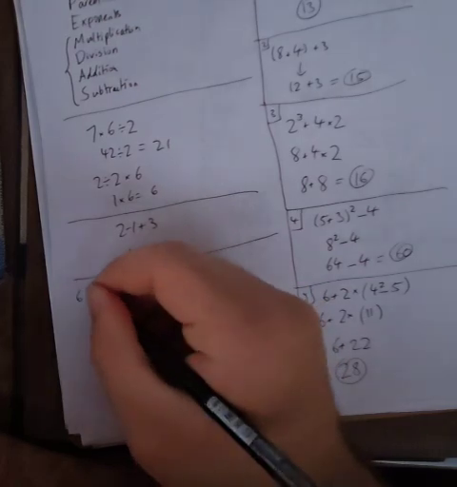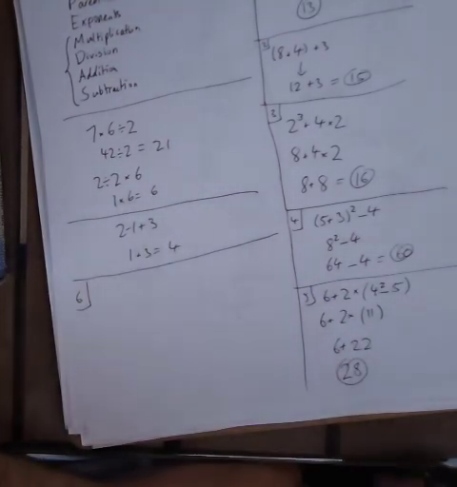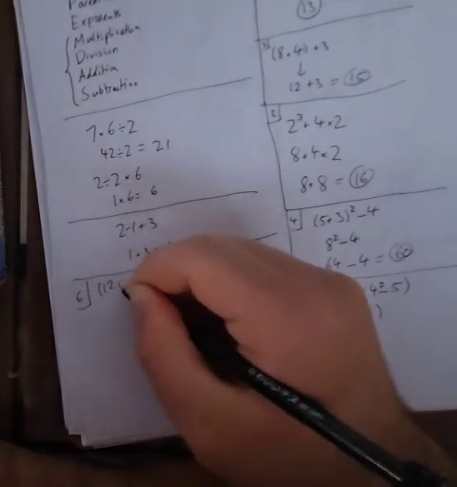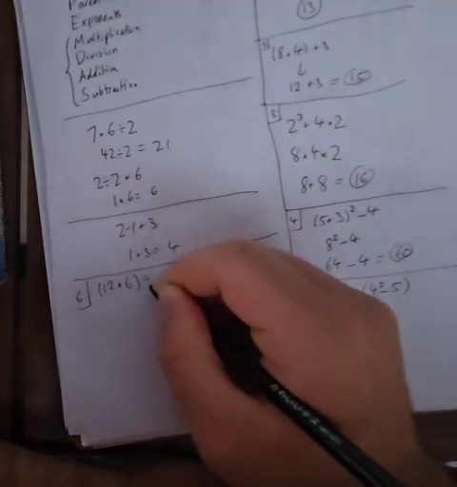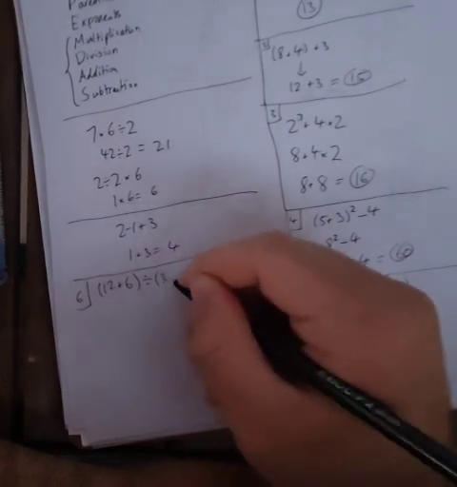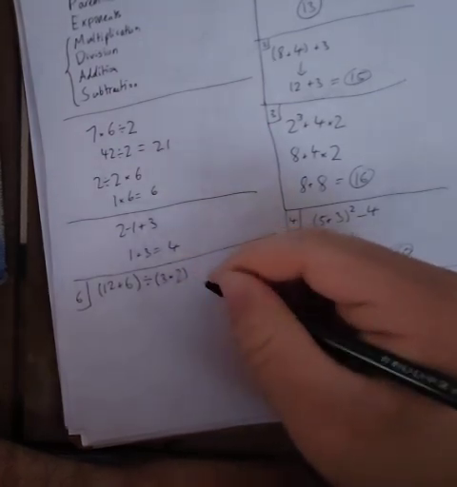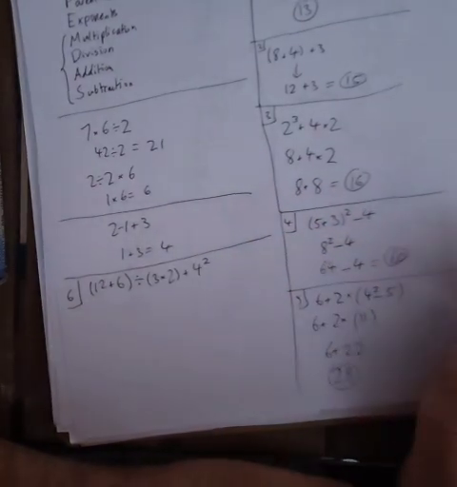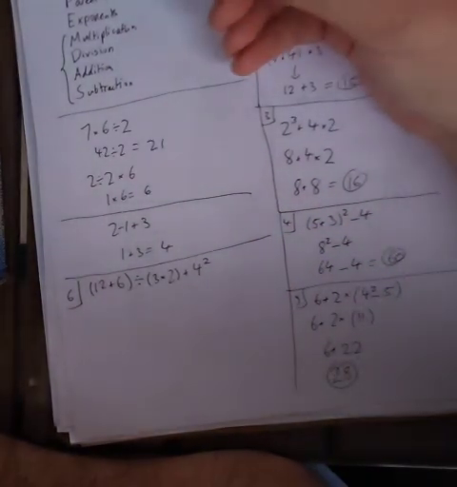Let's do one last more difficult example: 12 plus 6 in parentheses, divided by 3 times 2 plus 4 to the power 2 in parentheses. So we have to look at the order here. Parentheses.